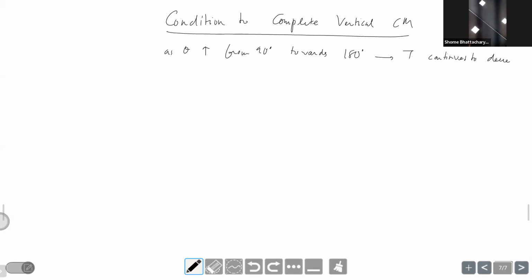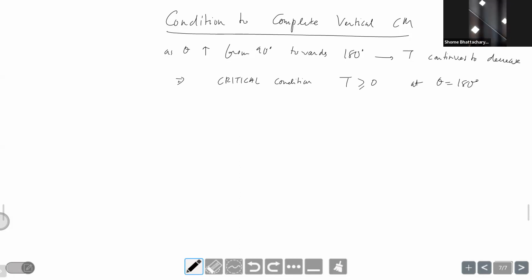That's what we learned from the last equation. So now what should happen? Therefore, the critical condition is that tension should be greater than or just about equal to 0 at theta equal to 180.